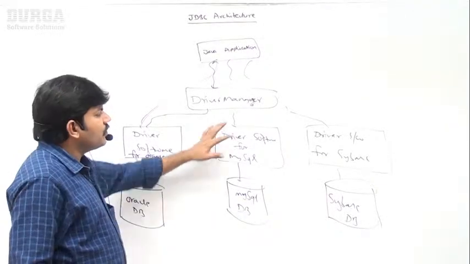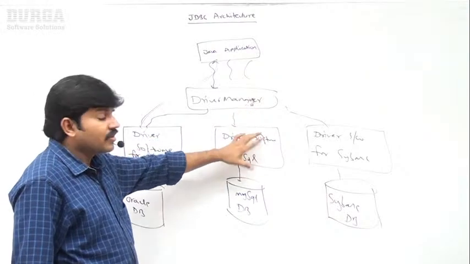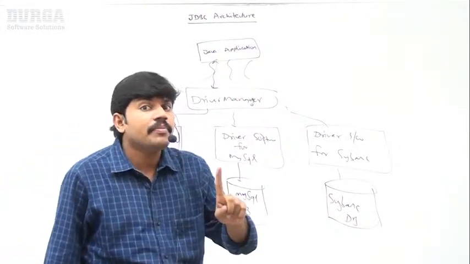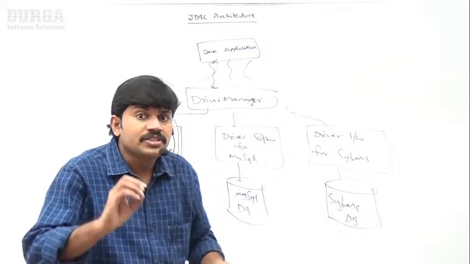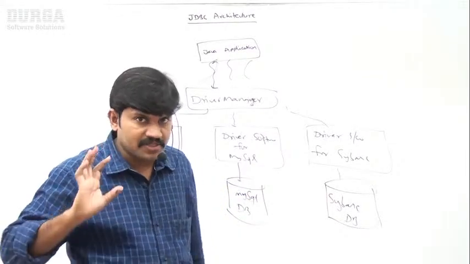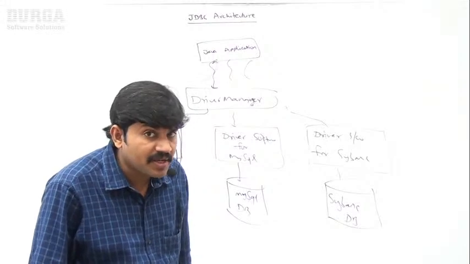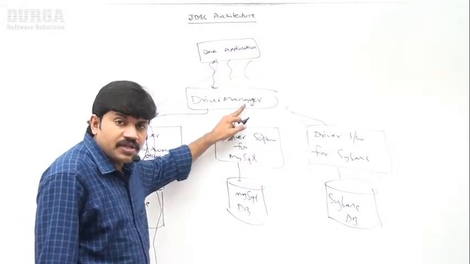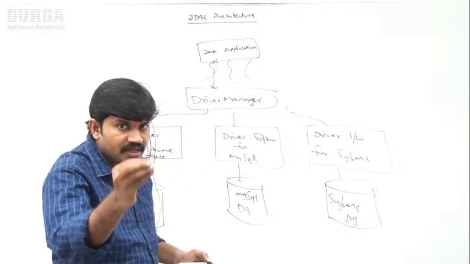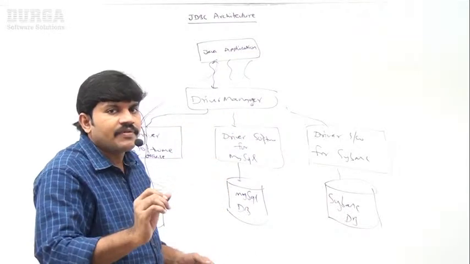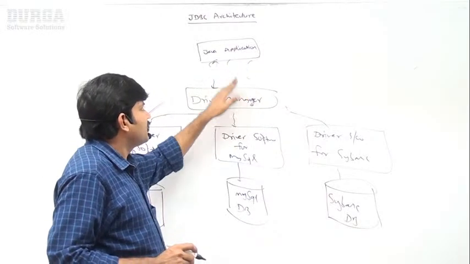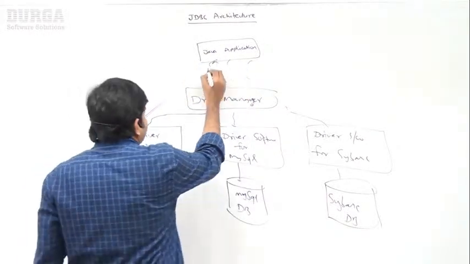Now take very special care. Who provides the driver manager? DriverManager is present inside the java.sql package. Remember this: DriverManager is a class present inside the java.sql package. So who provides a driver manager to the Java application?